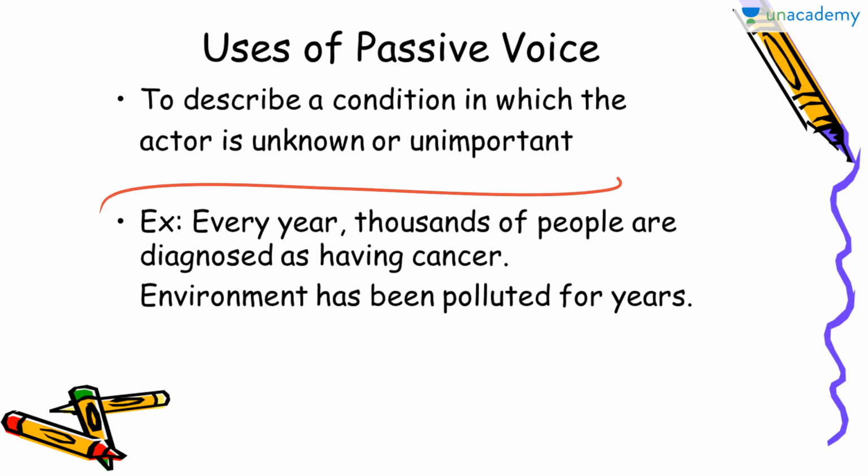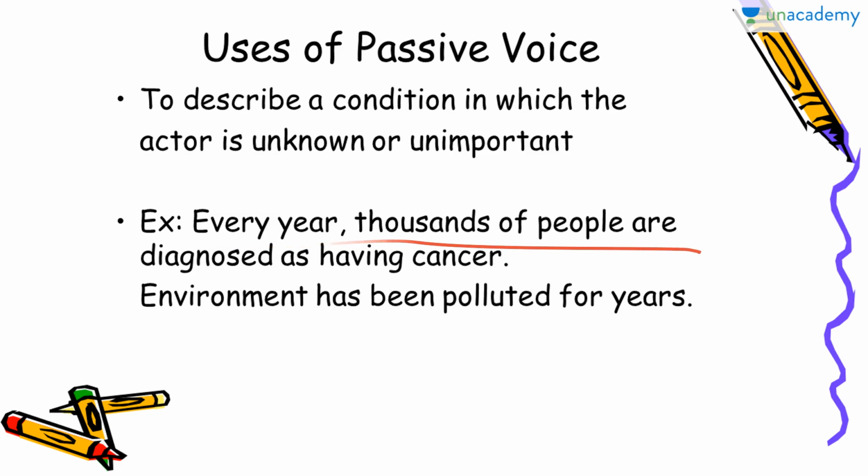For example, every year thousands of people are diagnosed as having cancer. Now, there are many people who are being diagnosed and they have cancer. Who is diagnosing them? We don't have to do much about it, because there are a lot of labs and a lot of doctors who are diagnosing this.